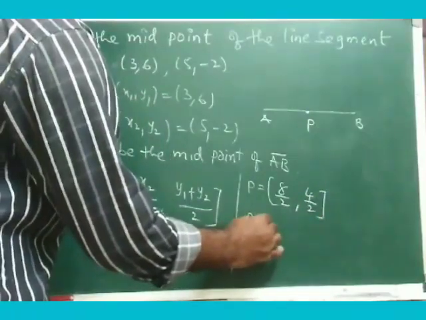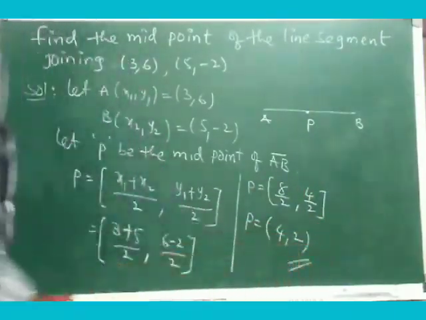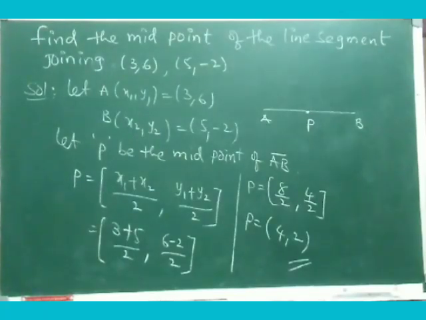From this the midpoint is clearly (4, 2). So (4, 2) is the midpoint of the line joining the given 2 points. And the formula for the midpoint is ((x1 + x2)/2, (y1 + y2)/2).